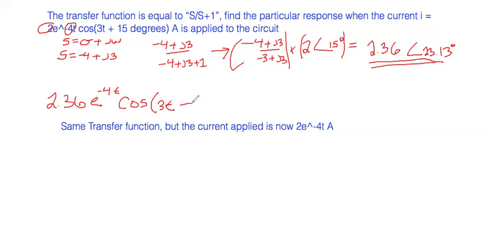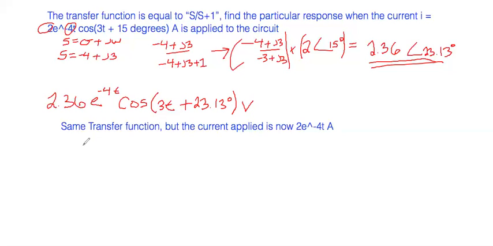But our phase angle here plus 23.13 degrees does change, in a value of volts.